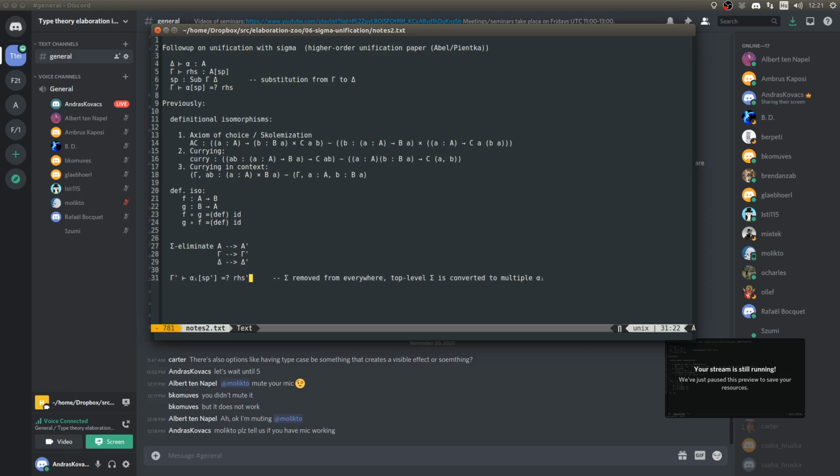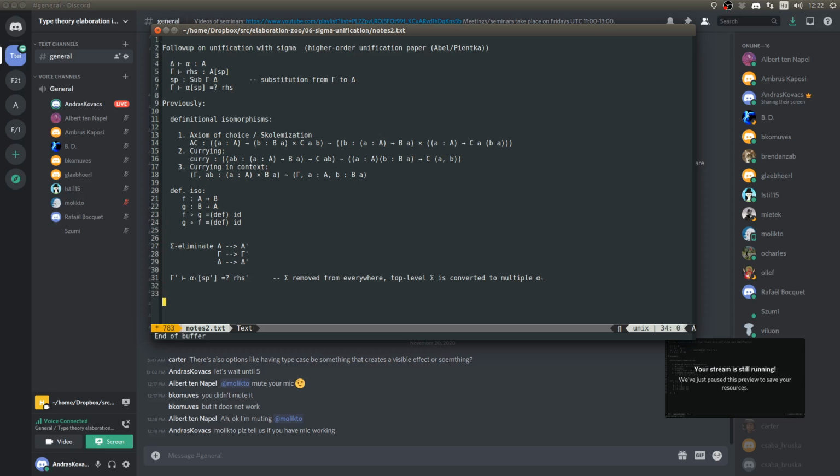So this is the idea, but last time I mentioned that I only implemented currying but not the axiom of choice, and I also didn't implement this currying in local context.